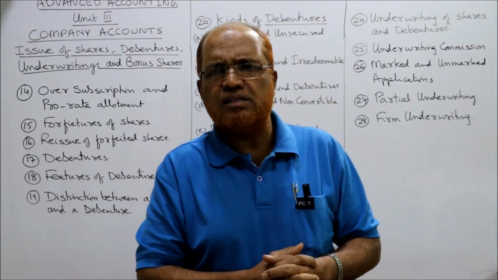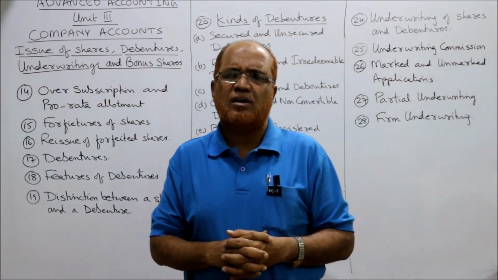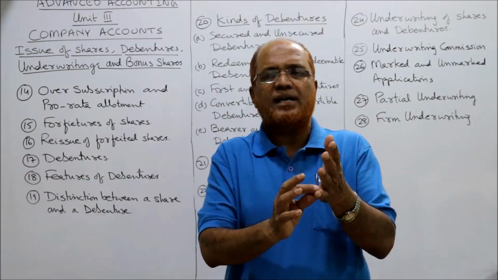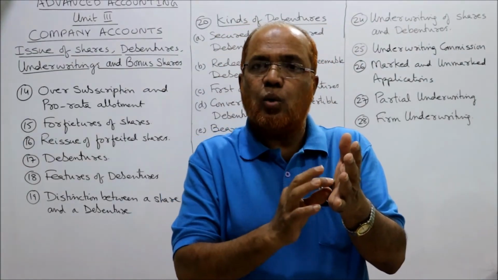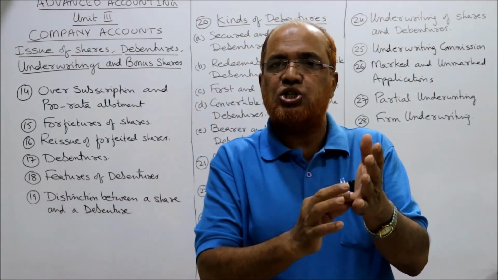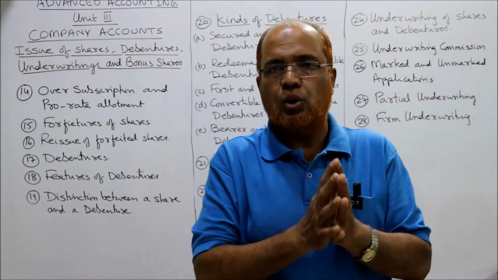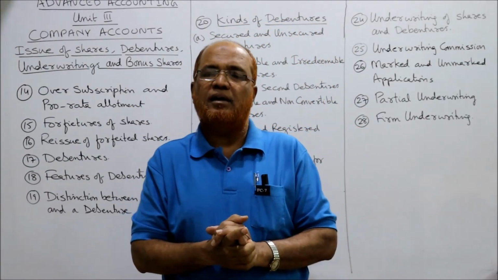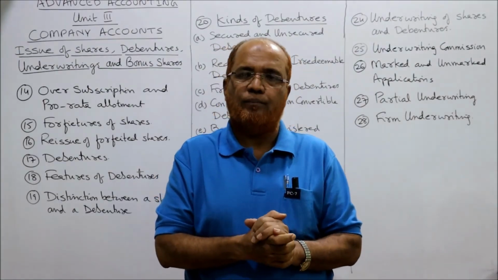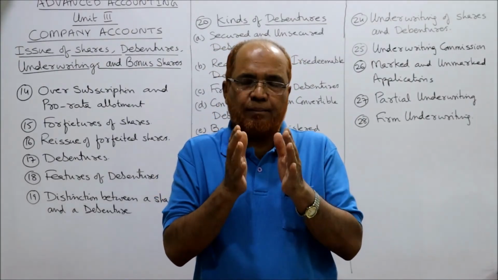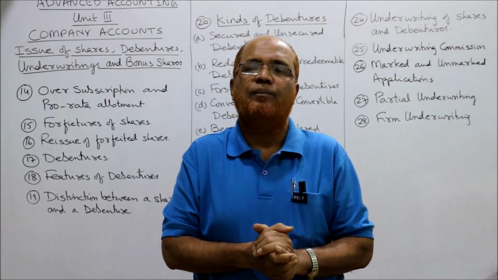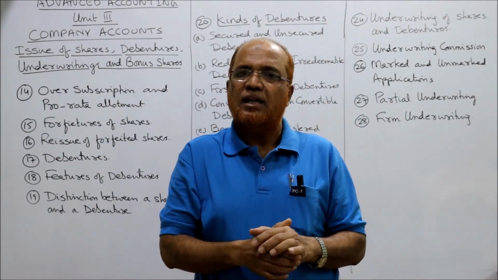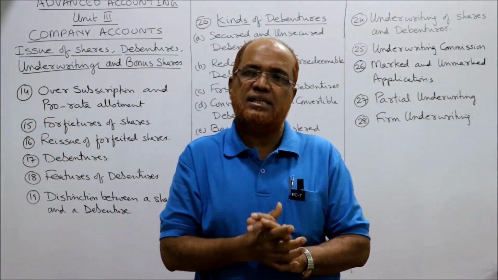No journal entry is required, no adjustment is required in the books of accounts of the company. Just a note has to be given in the balance sheet that collateral security has been issued for taking this loan. That's it. If the company has paid all the interest and repaid the loan, then at the end of the full repayment, the banker will return this collateral security of debentures. The company will cancel these debentures.